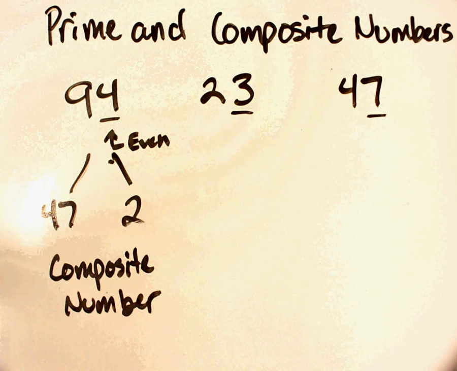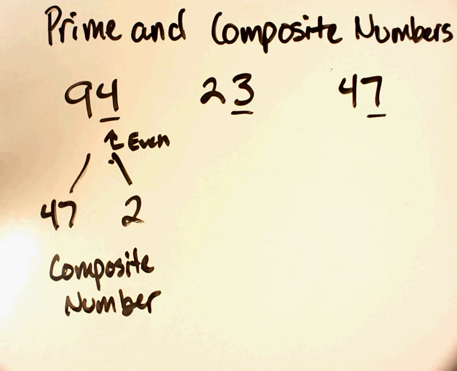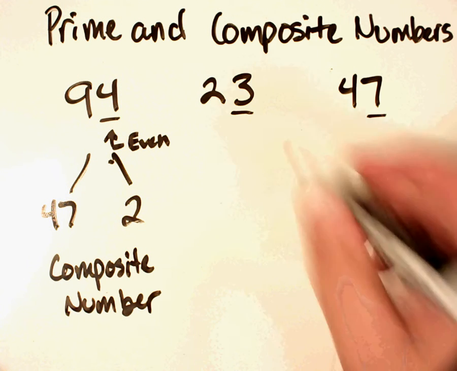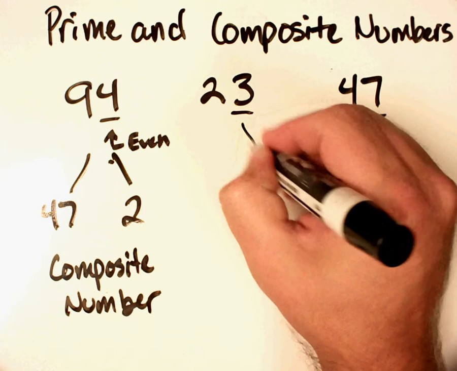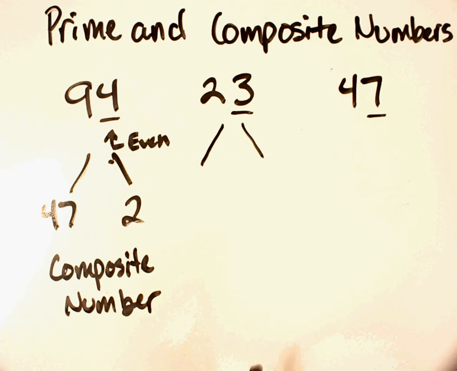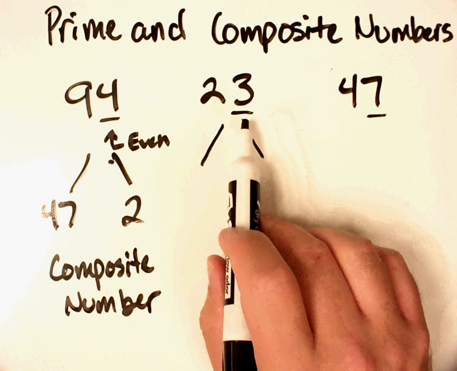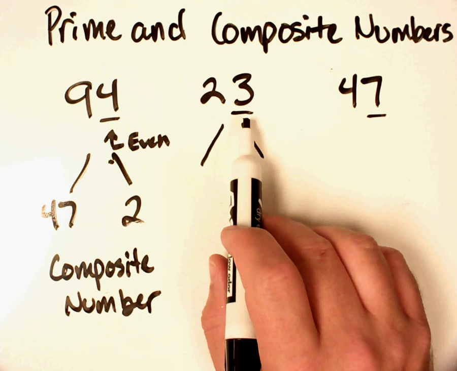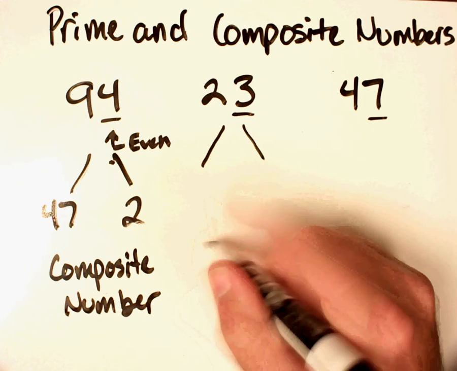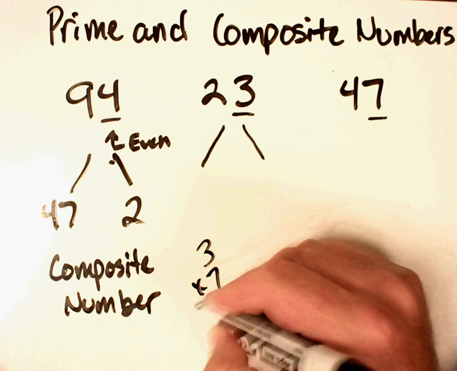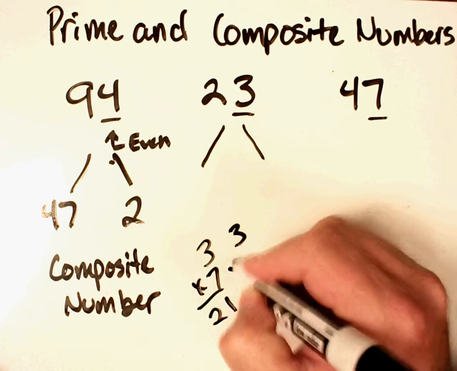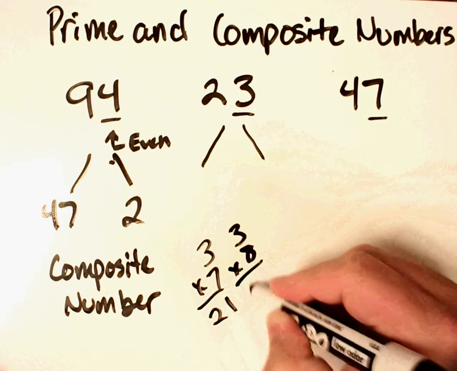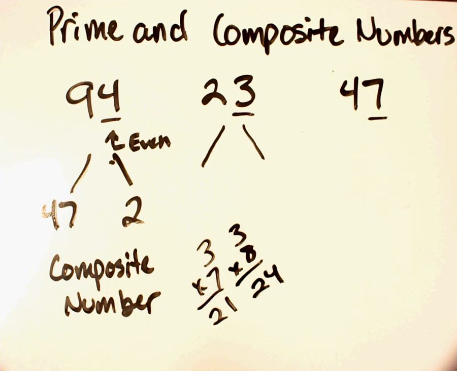All right, so let's look at 23. So we have to think, is there a number I can divide 23 by? Is there a number I can factor out? Well, 3 is odd, so that doesn't work. I can't divide by 2. I can't divide by 3 because I know that 3 times 7 is 21. 3 times 8 is 24, so it falls right in between there, so that won't work.